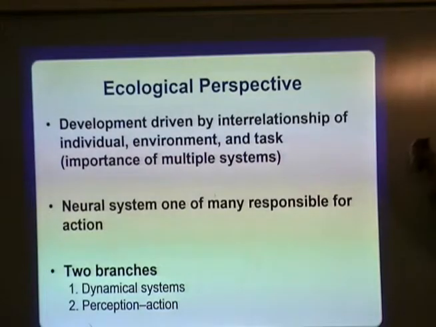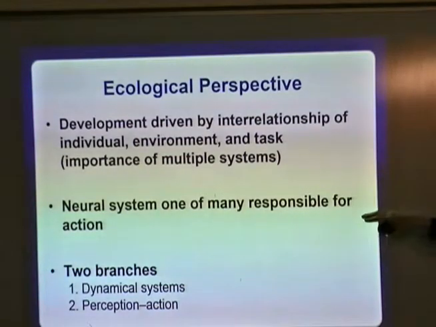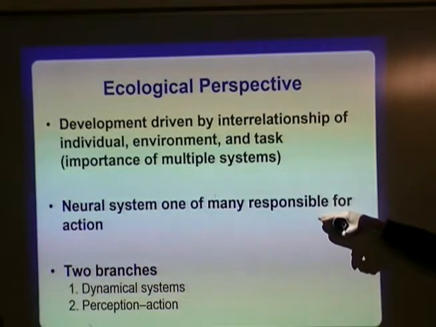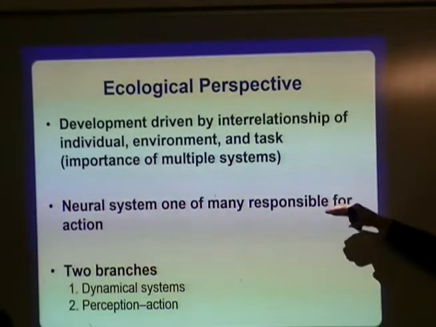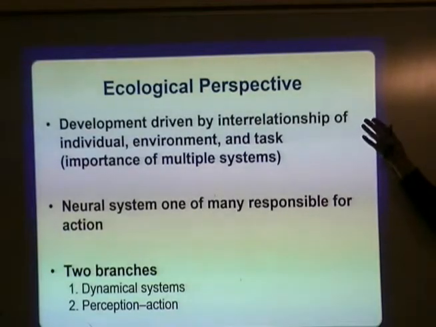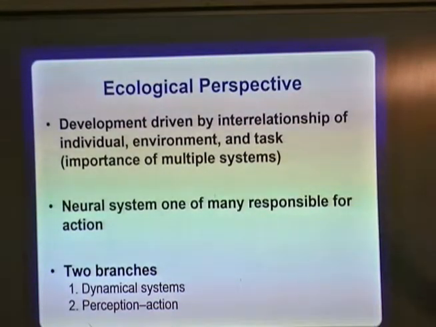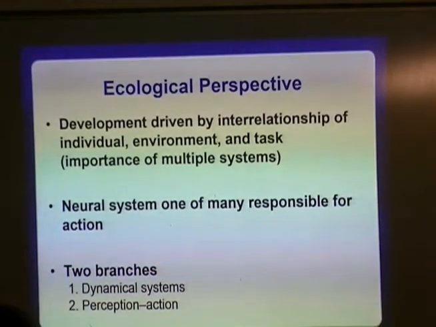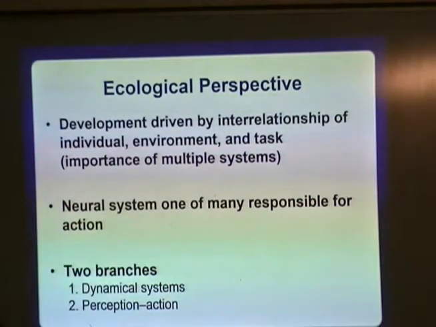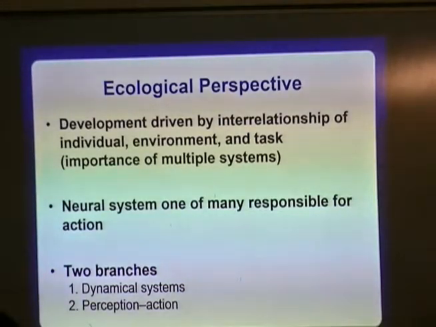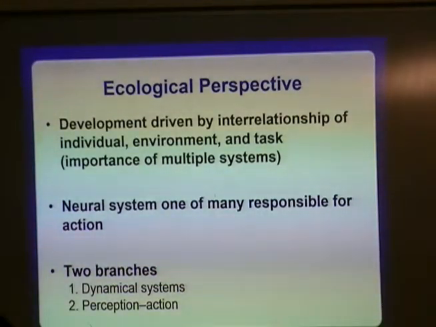How do I explain what I'm seeing an 80-year-old do if I believe the central nervous system drives all development? Because nothing's happening with the nervous system. Well, it's deteriorating a bit, but right, it doesn't really give me a good explanation. So the neural system, the central nervous system, now just becomes one of many systems that impact the kind of movement that we see. All right?